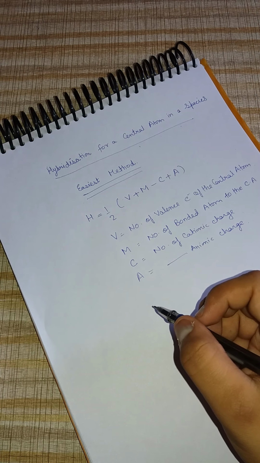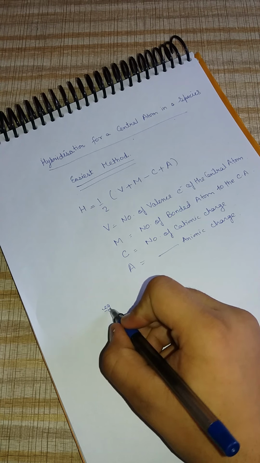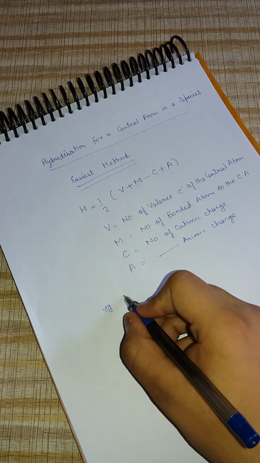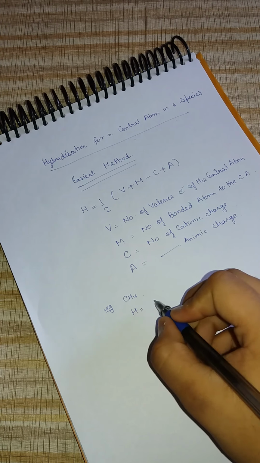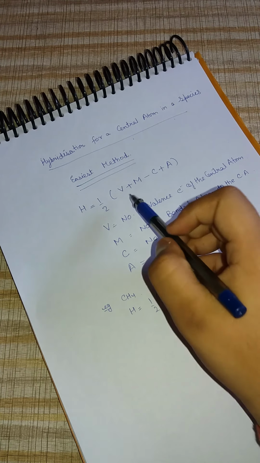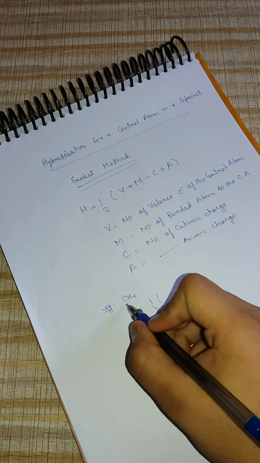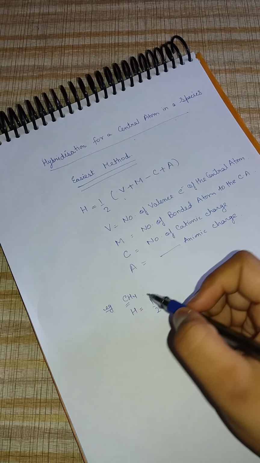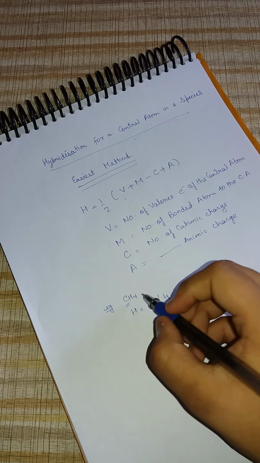So let's take an example to find the hybridization. The first, easiest example is methane. Its hybridization is equal to half V. In this, I am going to calculate the hybridization of carbon. Carbon is the central atom, so its number of valence electrons is 4.